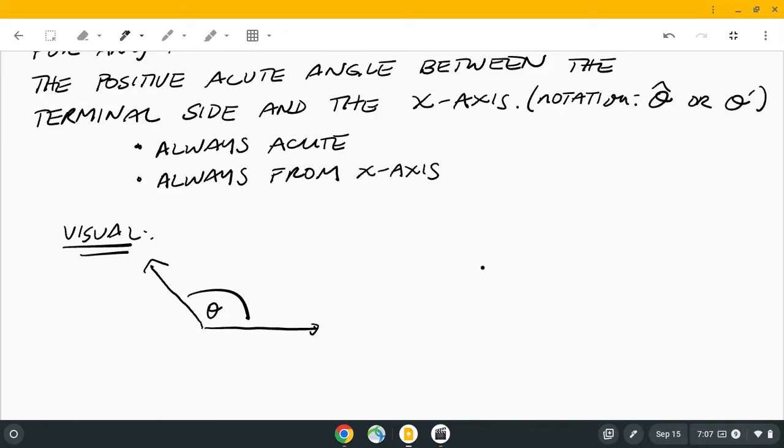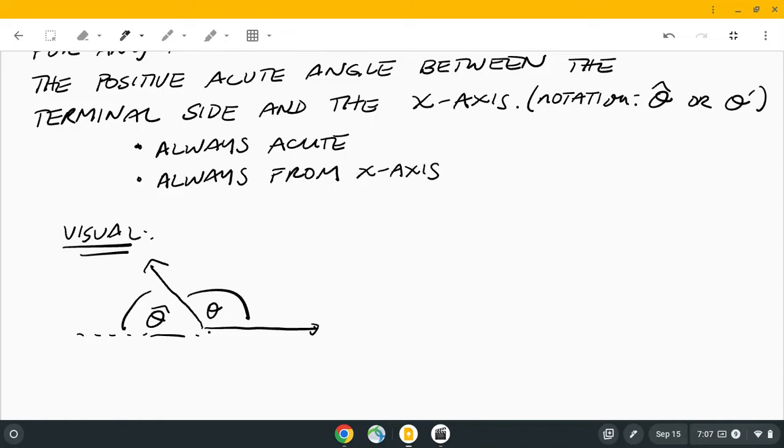When we talk about the acute angle, then according to this definition, it's formed by the terminal side of the angle and the x-axis. So if we have here the x-axis, then this angle here would be the reference angle.